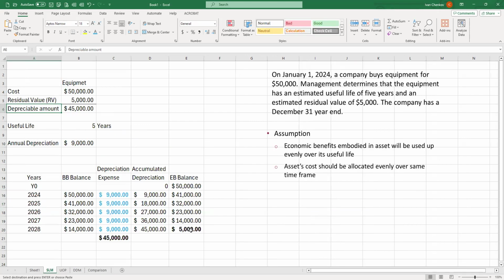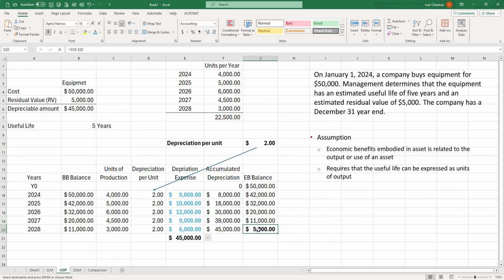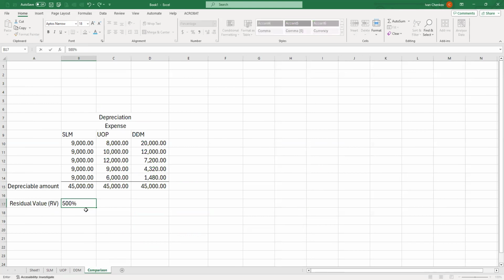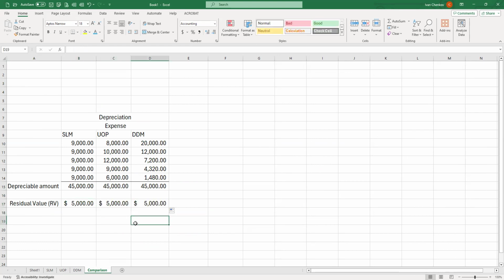Any method gives us a balance of $5,000: $5,000 under the straight line, $5,000 under the units of production, and $5,000 under the double declining method. That should be the total amount, and that $5,000 is all across the board.